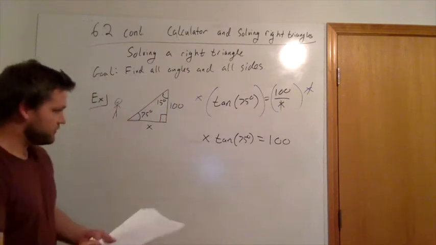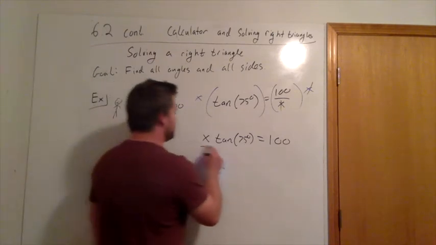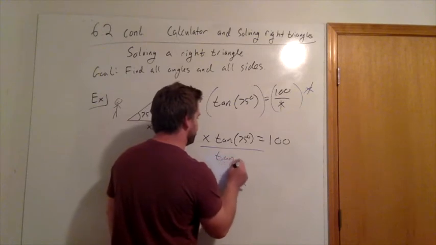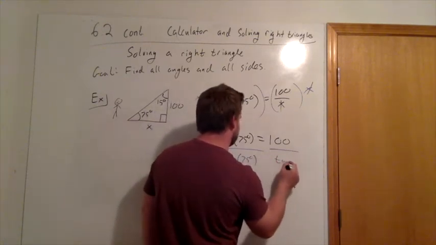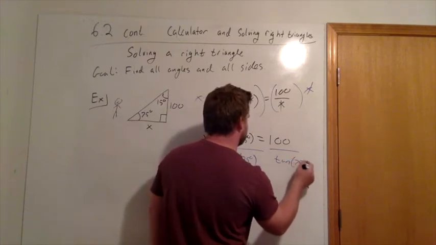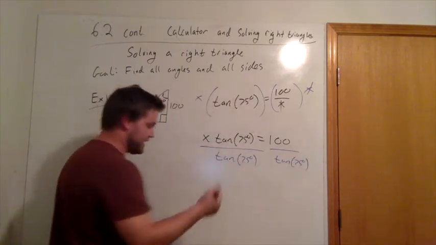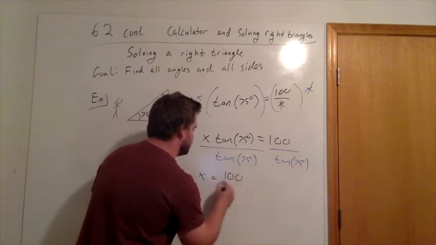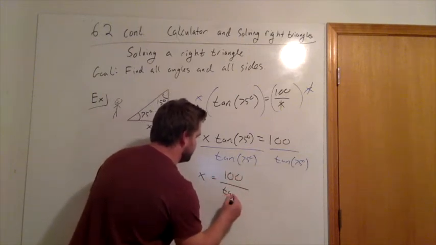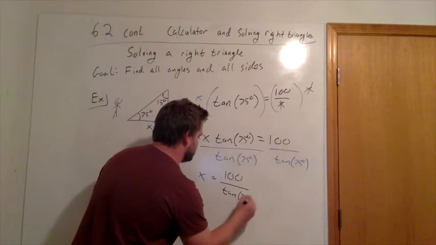To finish solving for x, we'll divide both sides by the tangent of 75 degrees. So we have that x is equal to 100 divided by the tangent of 75 degrees.